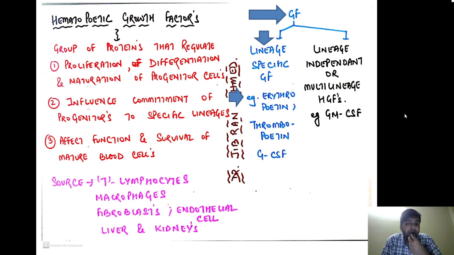Granulocyte colony stimulating factor is going to increase the growth of granulocytes only. Okay, whereas we have other types of growth factors like lineage independent or multilineage hematopoietic growth factors. For example, granulocyte monocyte colony stimulating factor is going to stimulate the growth of multiple lineages, over here the granulocyte series as well as the monocyte series.